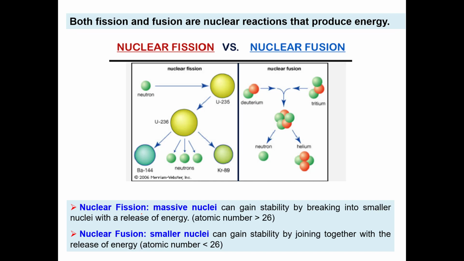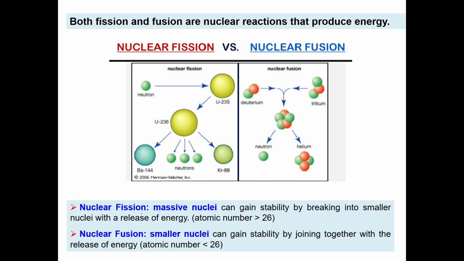And in the last part, I want to discuss 2 more kinds of nuclear reaction, fission and fusion reactions. Both reactions produce energy, but how they produce energy, or how the nuclear reaction occurs, is different.